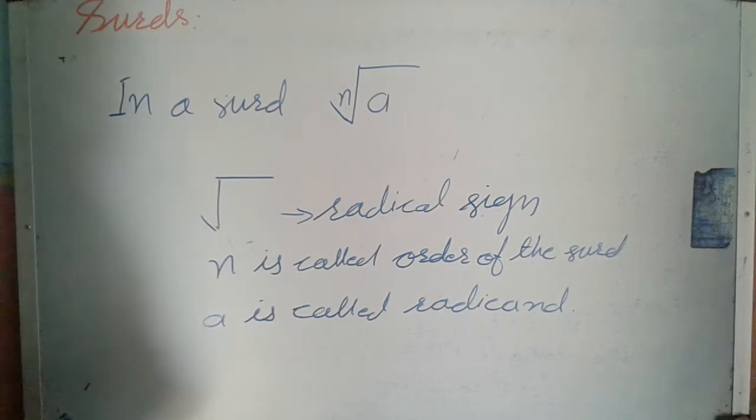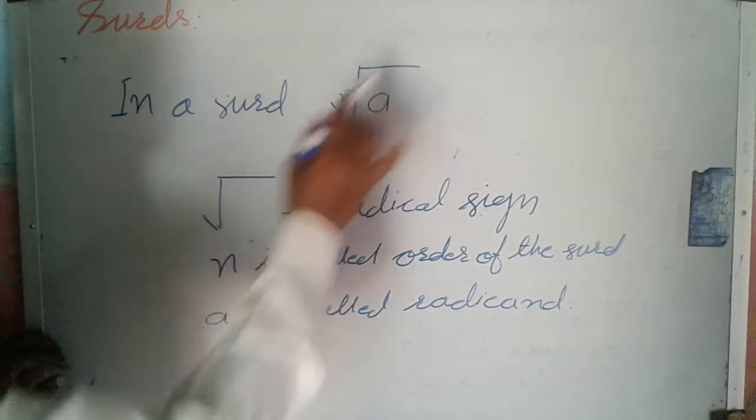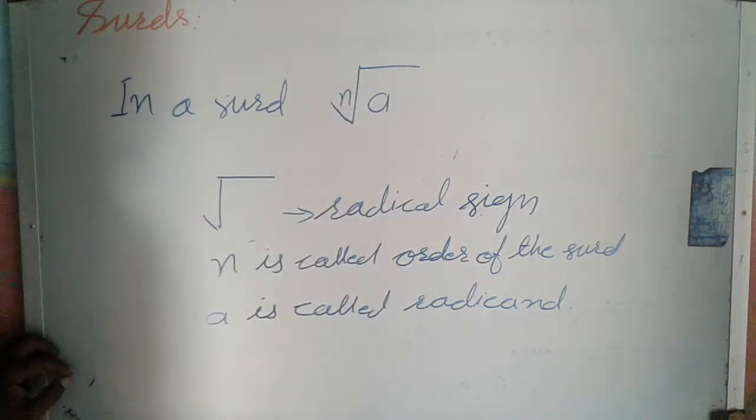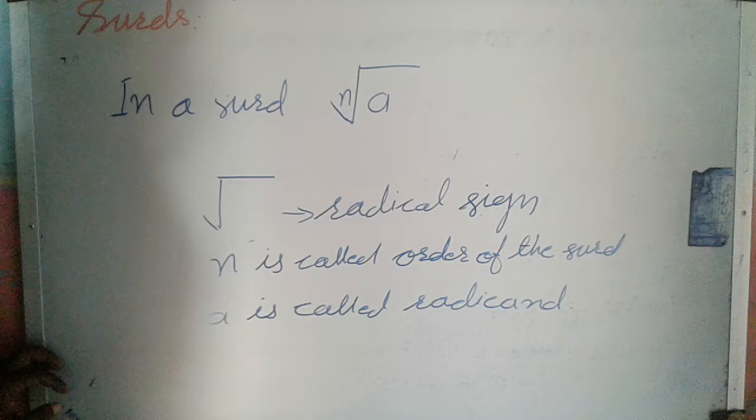See here, this is the radical sign, this is the order of the surd, and this is called the radicand.